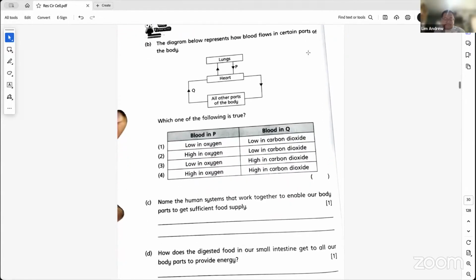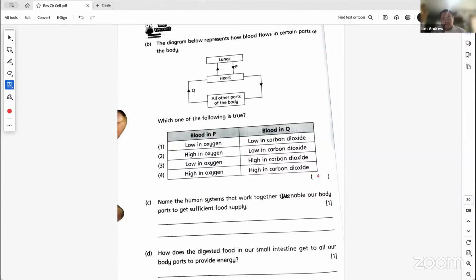Name the human systems that work together to enable our body parts to get sufficient food supply. Can I have a volunteer, please? Any takers to answer this question? If not, I will carry on.